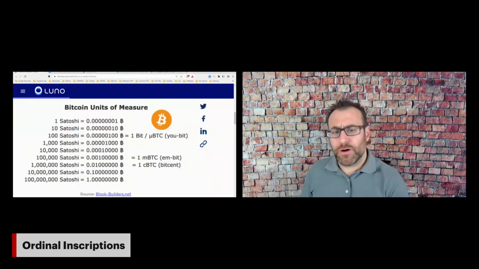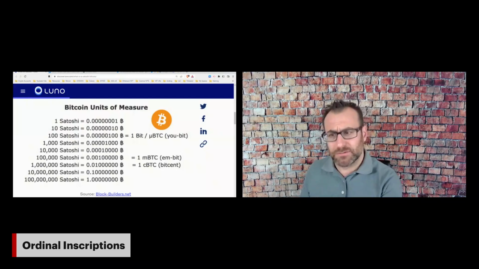Let's first start off with what an ordinal inscription actually is. They're being compared to NFTs, and there are some similarities because they put a unique identifier onto a single Satoshi. So first we have to understand what a Satoshi is. Well, it's the smallest denomination of a Bitcoin, right?